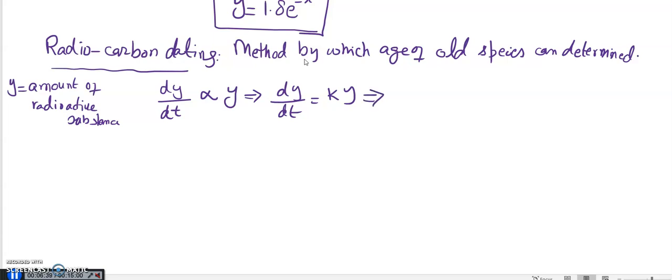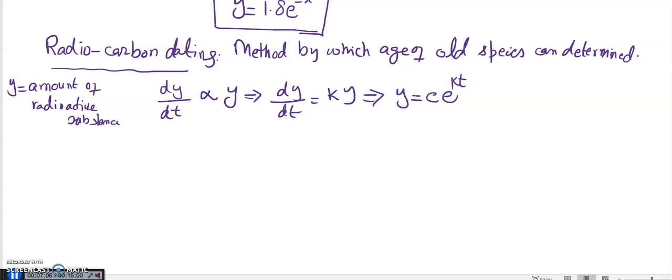The solution of this equation is similar to the above. In this case, the solution will be y equal to a constant times e power kt. I'm not giving you the solution step by step, but it is similar to the previous example, so you can solve that.